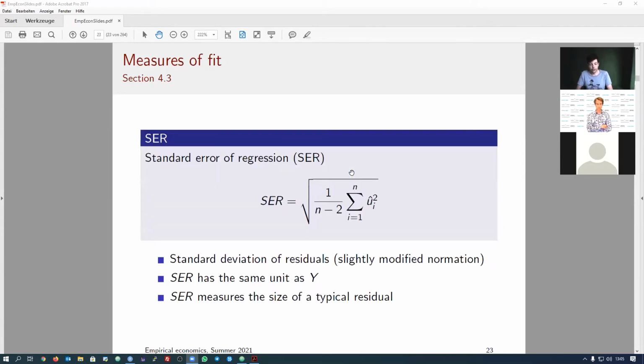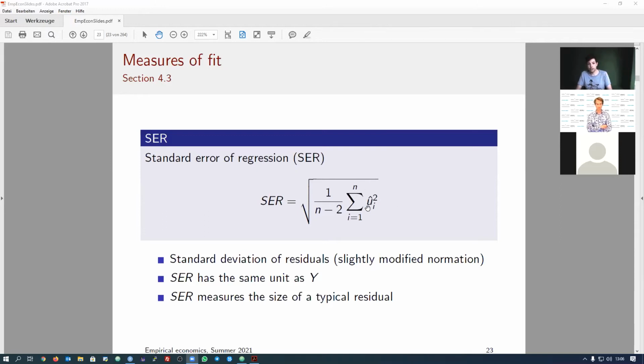The second measure of fit that we are looking into is the standard error of regression. It looks maybe a bit wild, this formula with the square root and the 1 over n minus 2 sum over u_i hat squared. But if you have a closer look at it, you can see that we have here a sum of u_i hat squared.